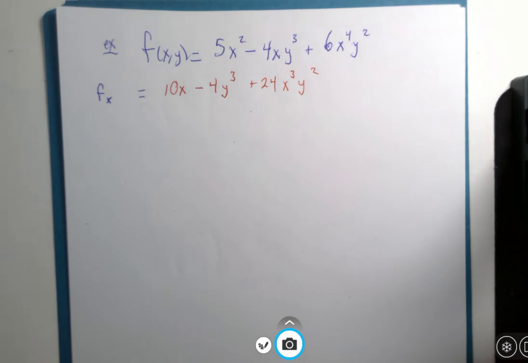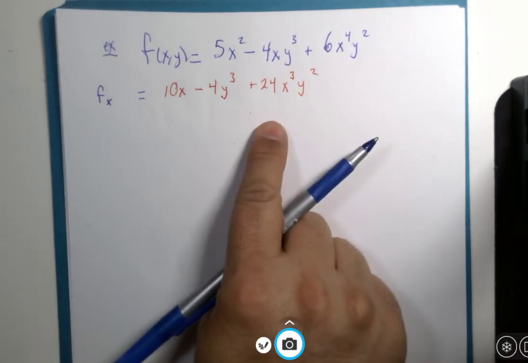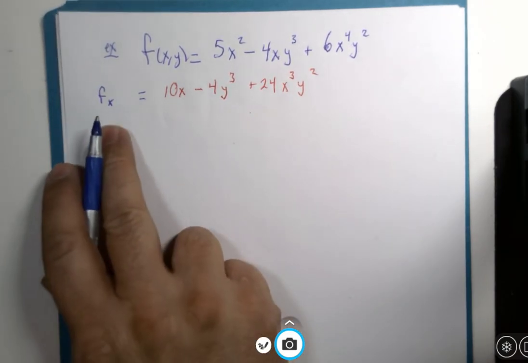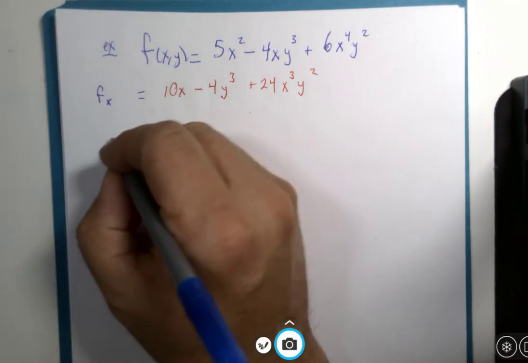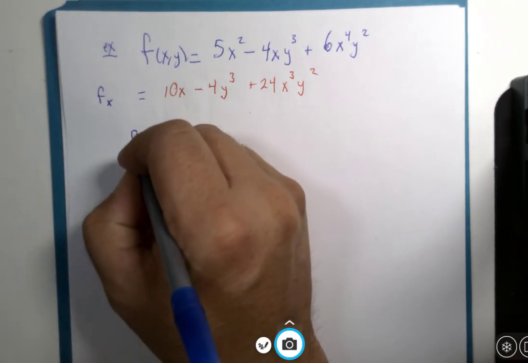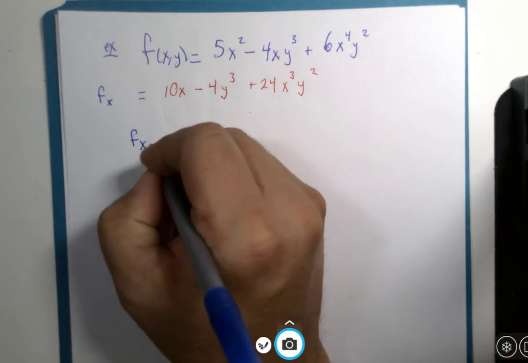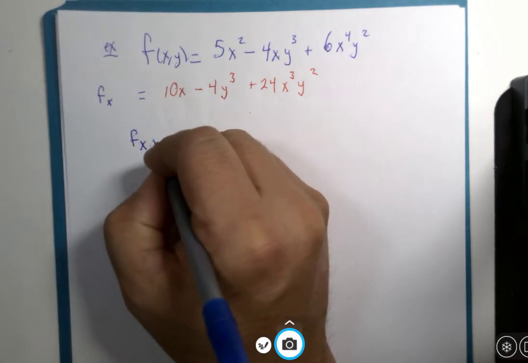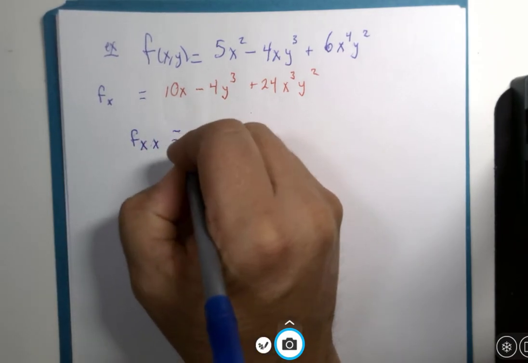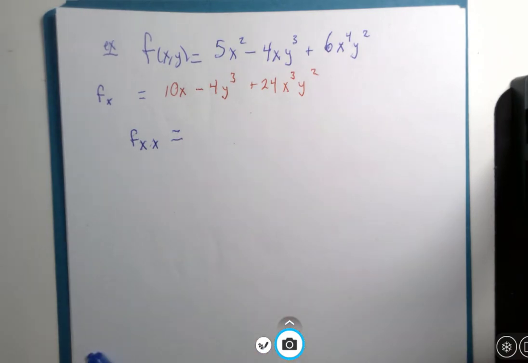Okay. Now, if x is the given variable for this first derivative, and we want to calculate what happens if we then do the x derivative again, this would be the second partial derivative.